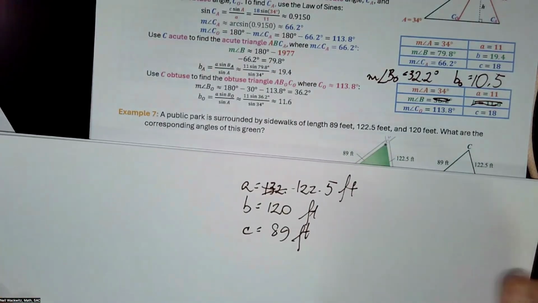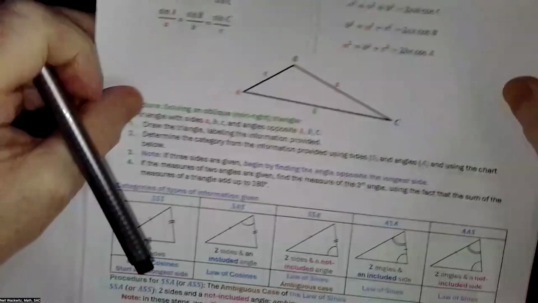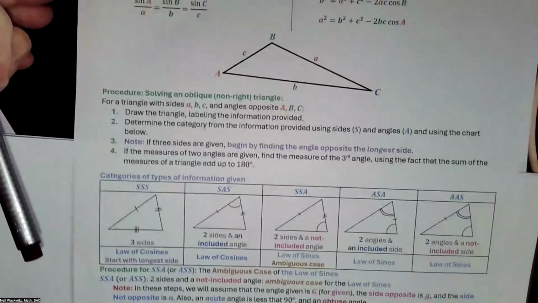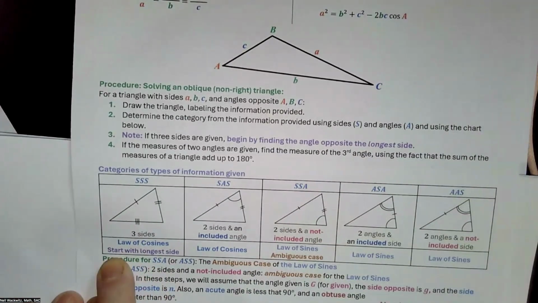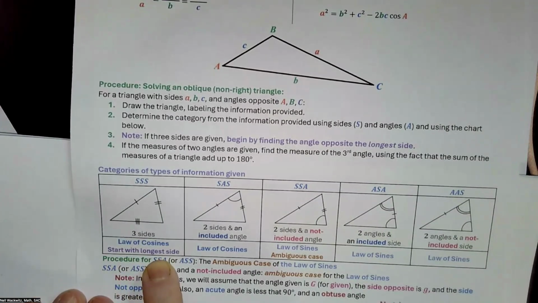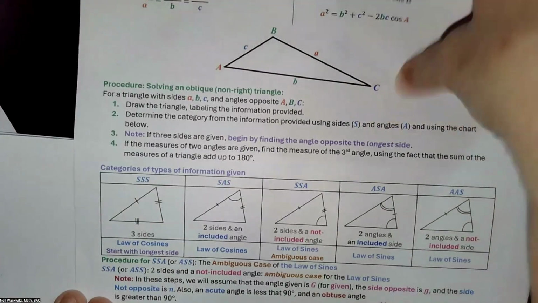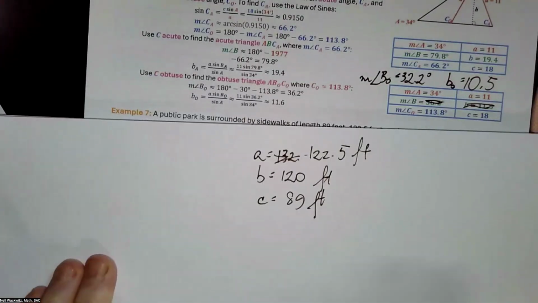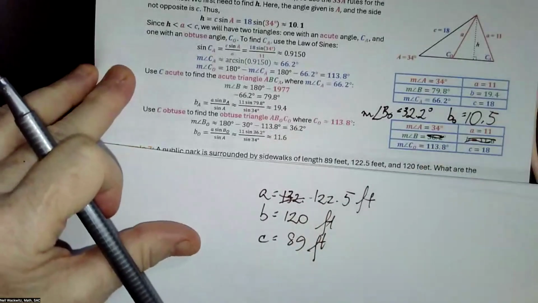If we know 3 sides, what does this say that we need to use? Law of cosines. Good. And we have to start with the longest side. That's pretty important.